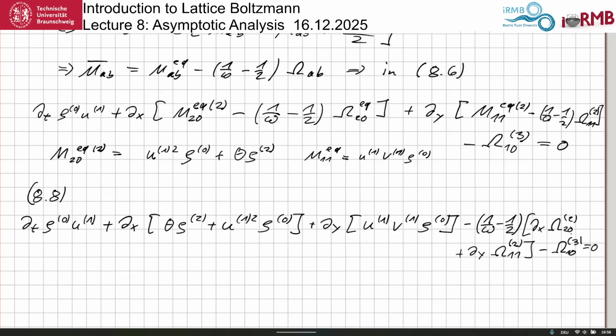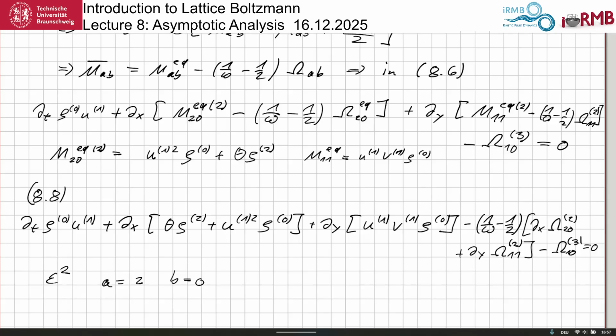Now you see, in order to solve this, we need to know what these omegas are, right? And they are to second order, and they are, for example, 2 and 0. So in order to see what this is, we take our original equation to epsilon to second order, a equal to 2 and b equal to 0, because this is where we find omega 20 to the second order.